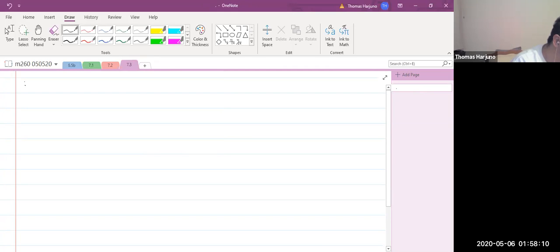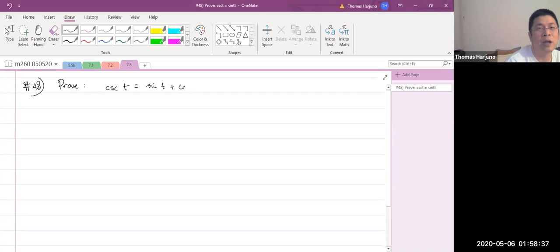Okay, let's see. What do we see in 7.3? For example, I picked number 48. The question is: prove cosecant t equals sine t plus cotangent t times cosine t.